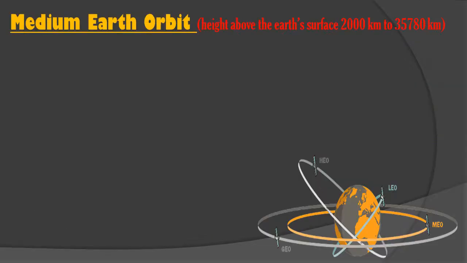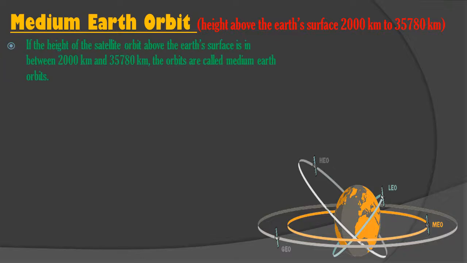Next is the medium Earth orbit, with height above the Earth's surface between 2000 km and 35,780 km. Students, if the height of the satellite orbit above the Earth's surface is between 2000 km and 35,780 km, the orbit is called MEO, that is medium Earth orbit. Below, you can observe the orange colored orbit around the Earth, that is the MEO.